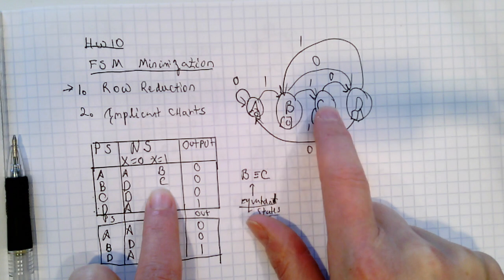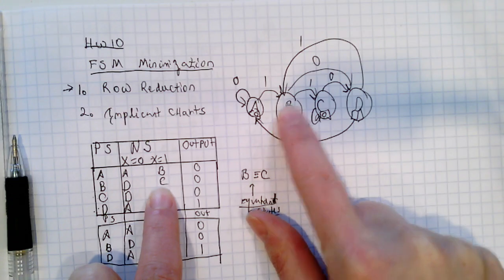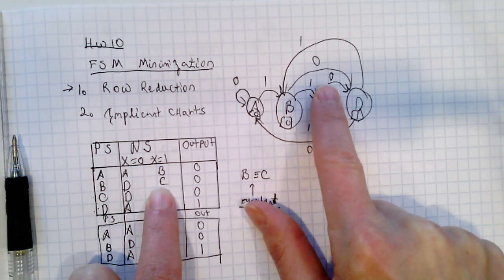We don't need C anymore. And if B gets a 0, it will transition to D. So we basically cut out a whole state and simplified our finite state machine.